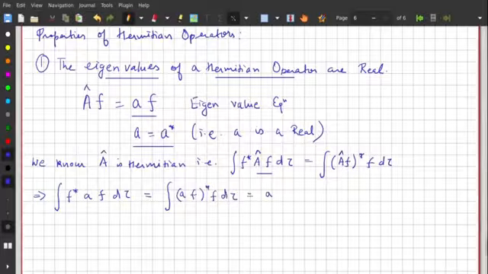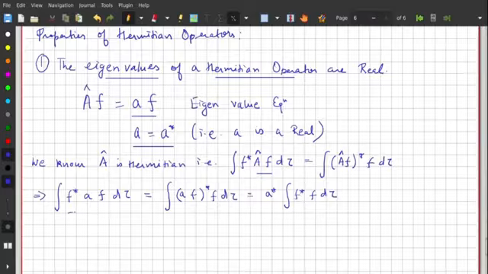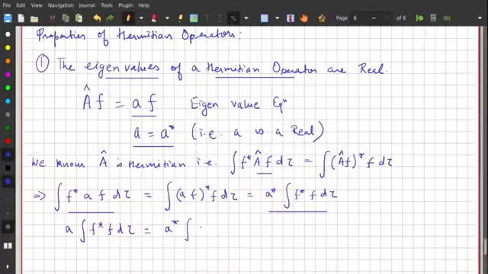This then becomes a star times the integral of f star f d tau. If you compare this and this, a times the integral of f star f d tau is the same as a star times the integral of f star f d tau.